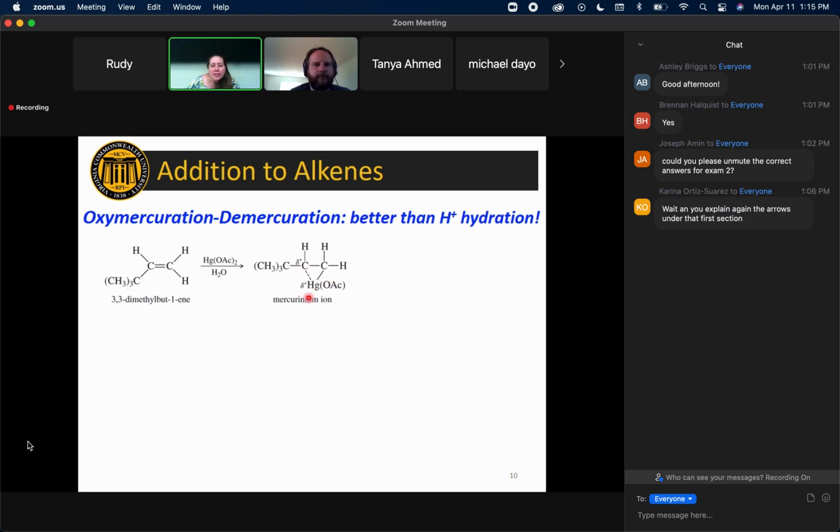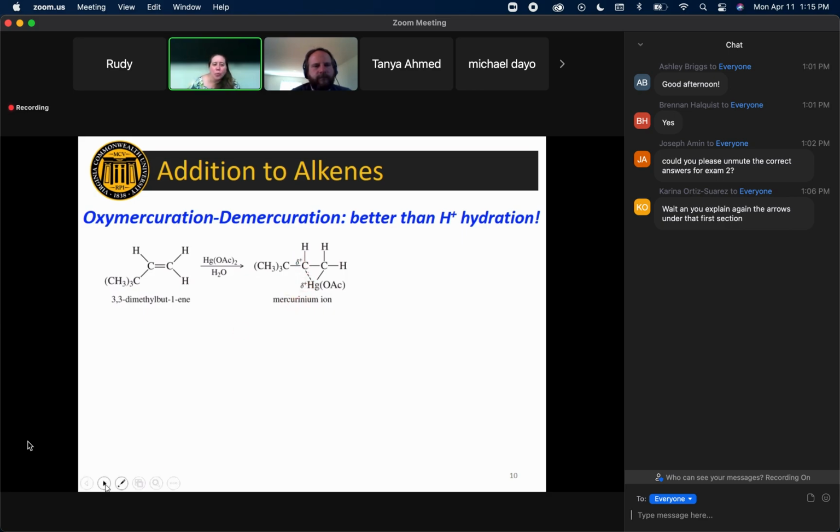And so what happens here is that the carbon of the double bond that is more substituted has a weaker bond with mercury. And that should make sense because that carbon is better able to support a delta positive charge. And so that bond is going to be weaker with mercury.